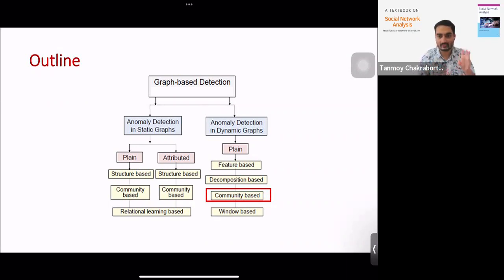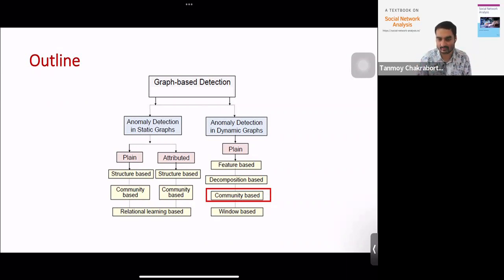Here we detect community structure as a pre-processing step, and then we look at how the community structure of a node changes over time, and we try to relate communities across different timestamps. For example, we try to relate whether community ID I at timestamp T is the same as community ID J at timestamp t+1.